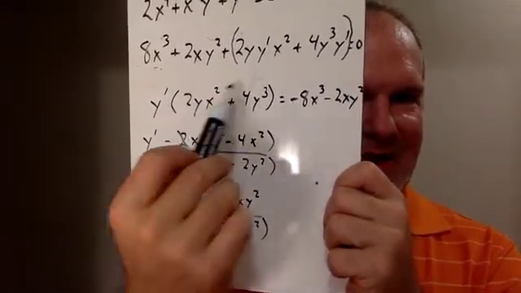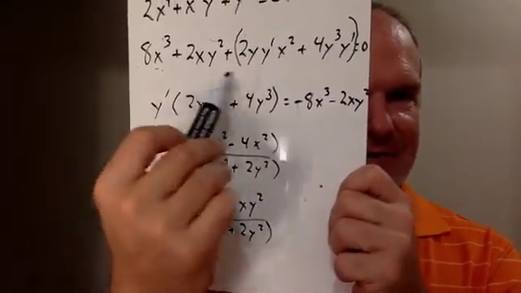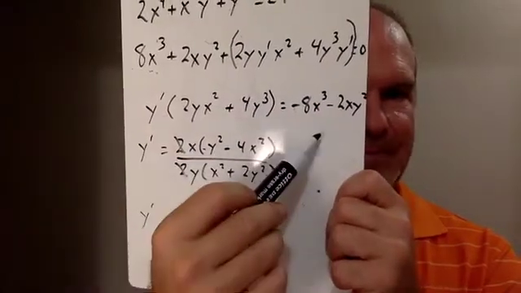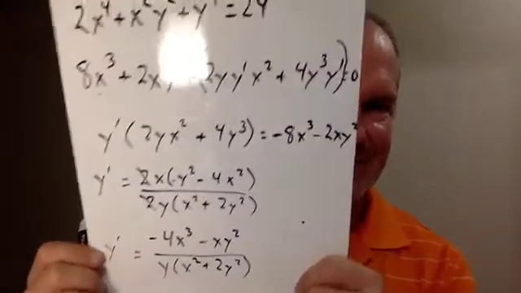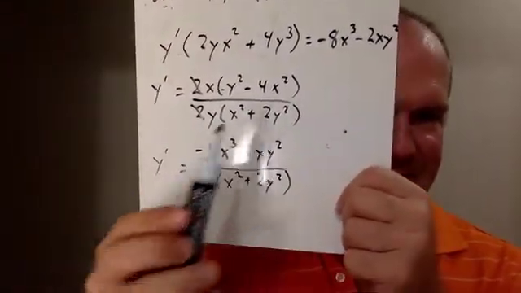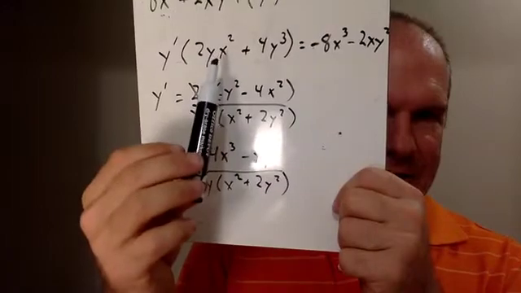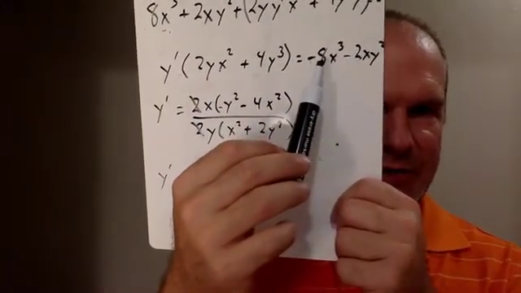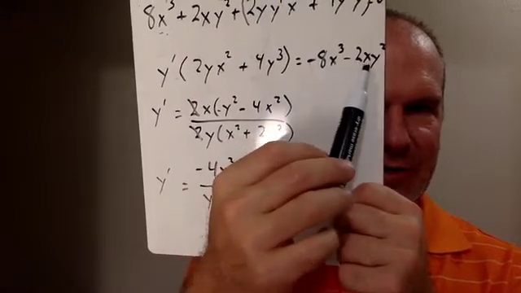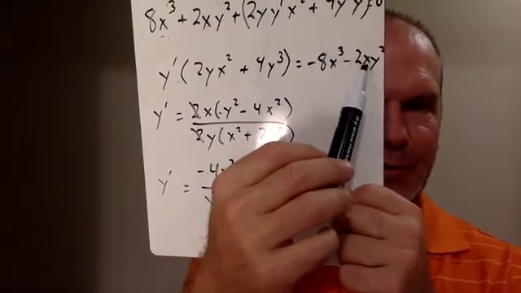Now y prime times all this, that means we got to divide this whole parenthesis to the other side. So that's what this next line is, which I guess I kind of skipped a little bit here because I factored it at the same time. So before we divide that to the other side, let's factor this numerator. In the numerator, you have a 2x in both terms. That's the greatest common factor.